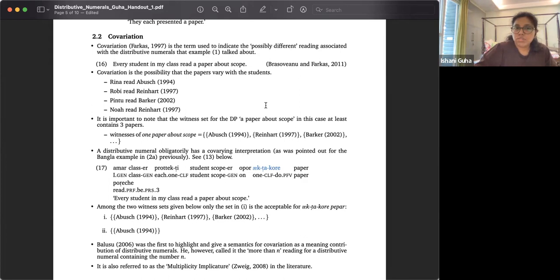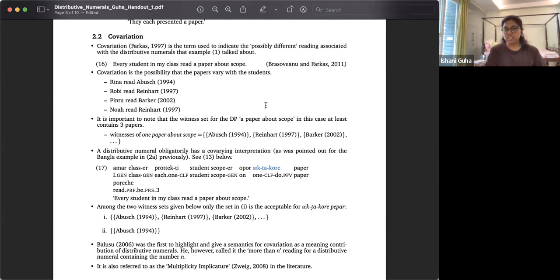So let's understand possibly different. To remind you what I said at the beginning, I'm not aiming to teach you the analysis of distributive numerals or dependent indefinites as part of this course, because that is not a feat that I can achieve in 3 classes. What I want to achieve is that you can study these things on your own after these 3 classes.